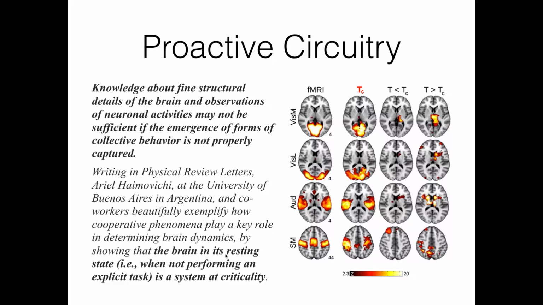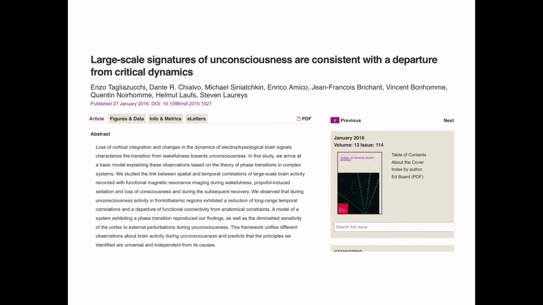So the brain in its resting state is a system at criticality. That's the idea. And this idea is seen in many places. Again, you can see Chialvo here. Large-scale signatures of unconsciousness are consistent with the departure from critical dynamics. So if you depart from criticality, you become unconscious.